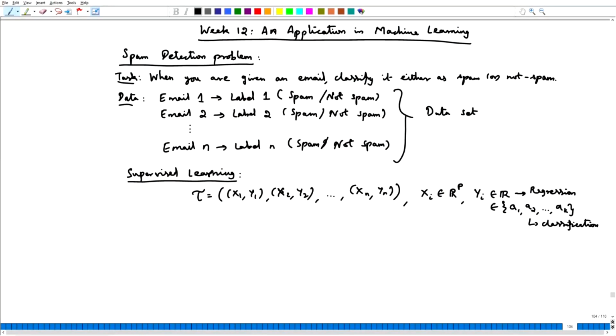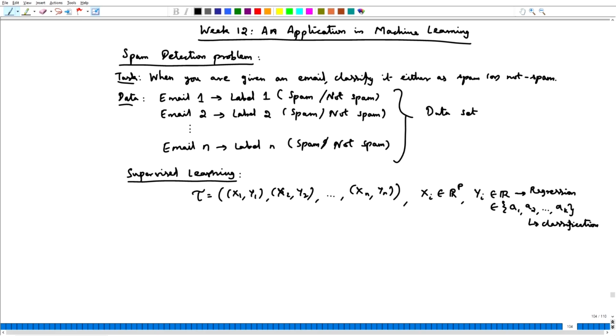The stock market price is not like 0 or 1; it could be any real number. So, that is a problem where it is actually a regression problem and not a classification problem. Okay. So, this is the data that is given to you.